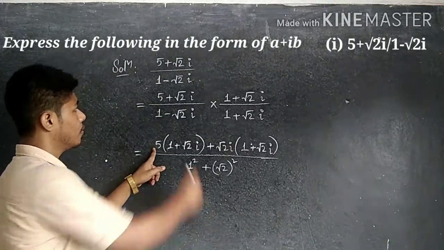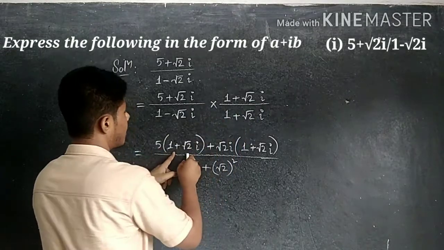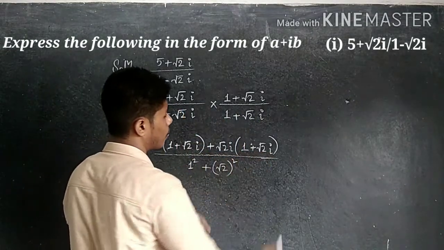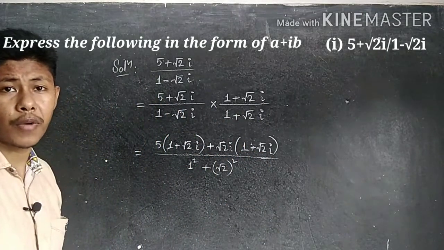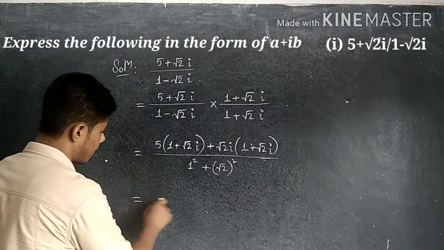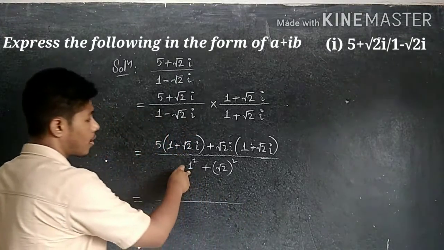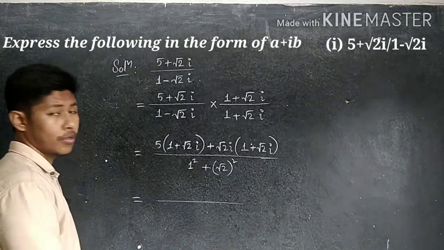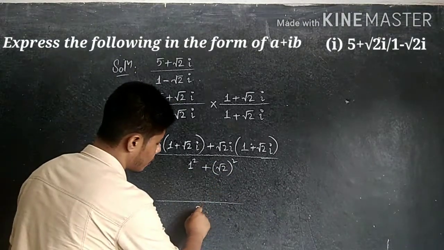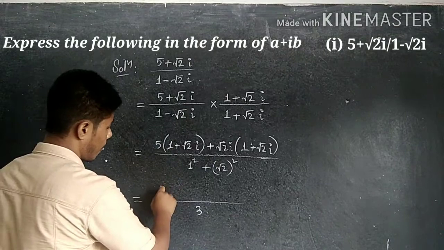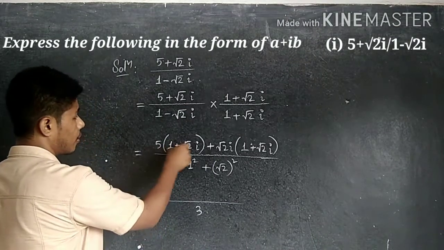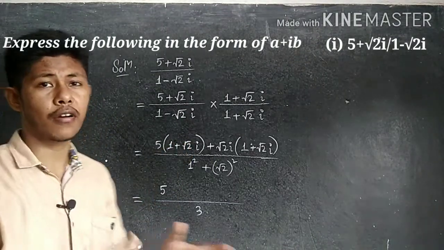So 5 into 1 plus root 2i plus root 2i into 1 plus root 2i, we have to multiply these two. After calculating this result, the denominator will be 3. And in the numerator, this one is rational, this one is irrational.